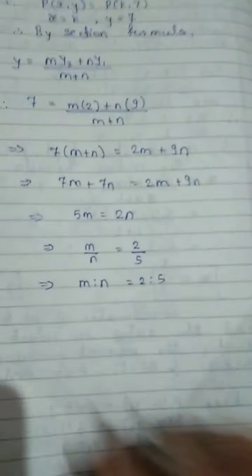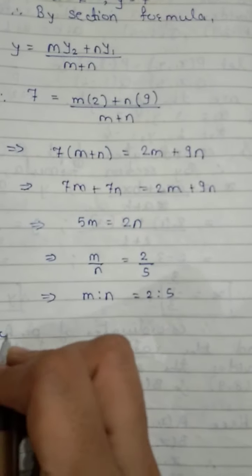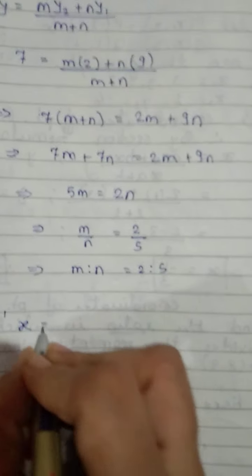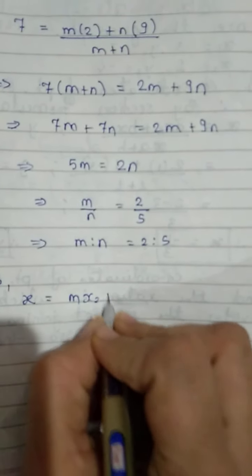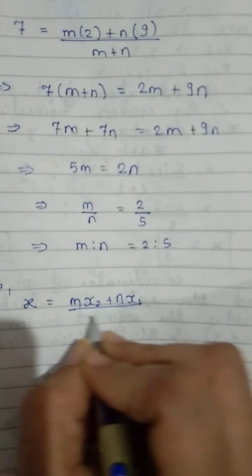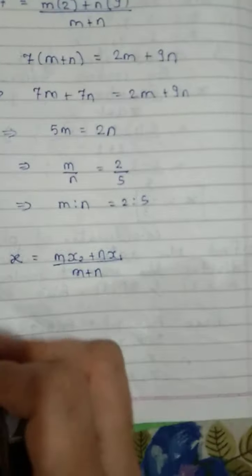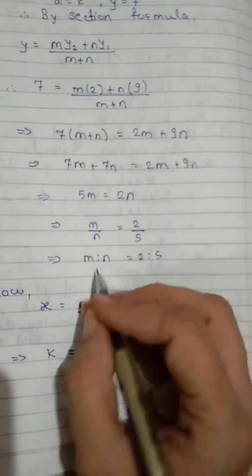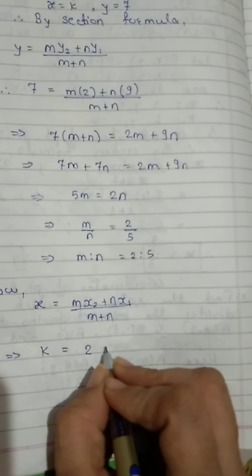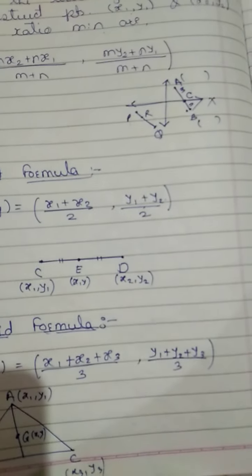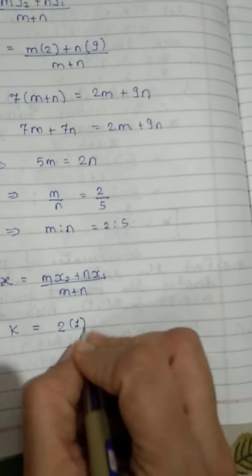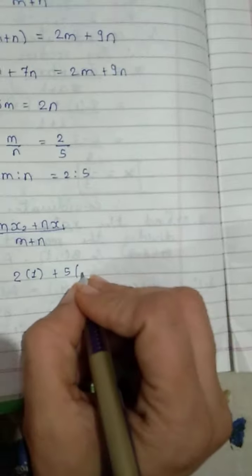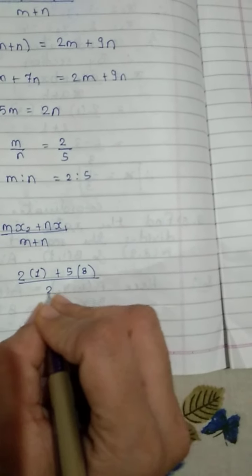Next, we require the value of k. So now let's use the section formula for x, which is equal to (m x2 + n x1) divided by (m + n). The value of x is given to us, which is k. m we just found, 2. x2 is 1. n we found, 5, and x1 is 8, divided by m plus n, that is 2 plus 5.